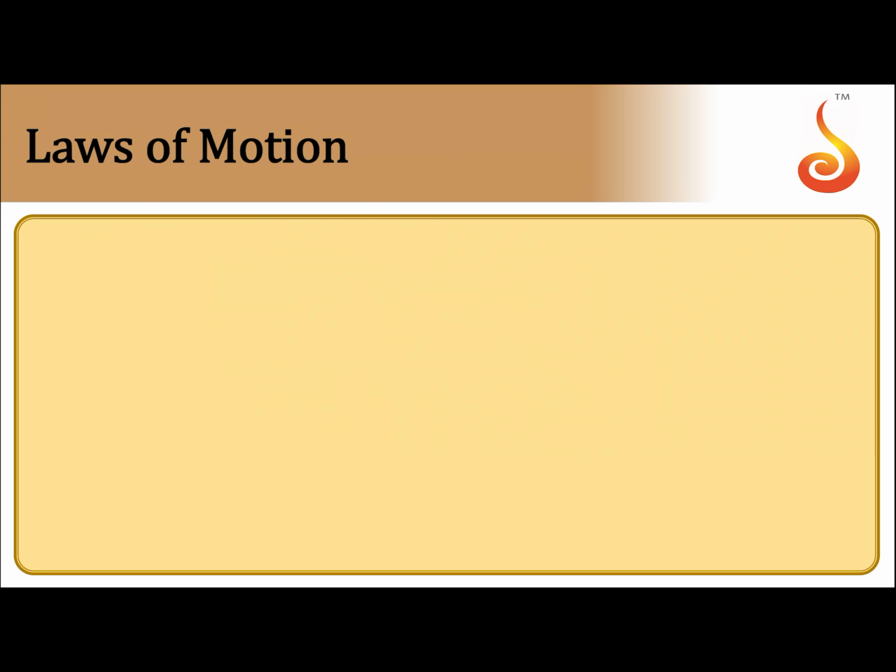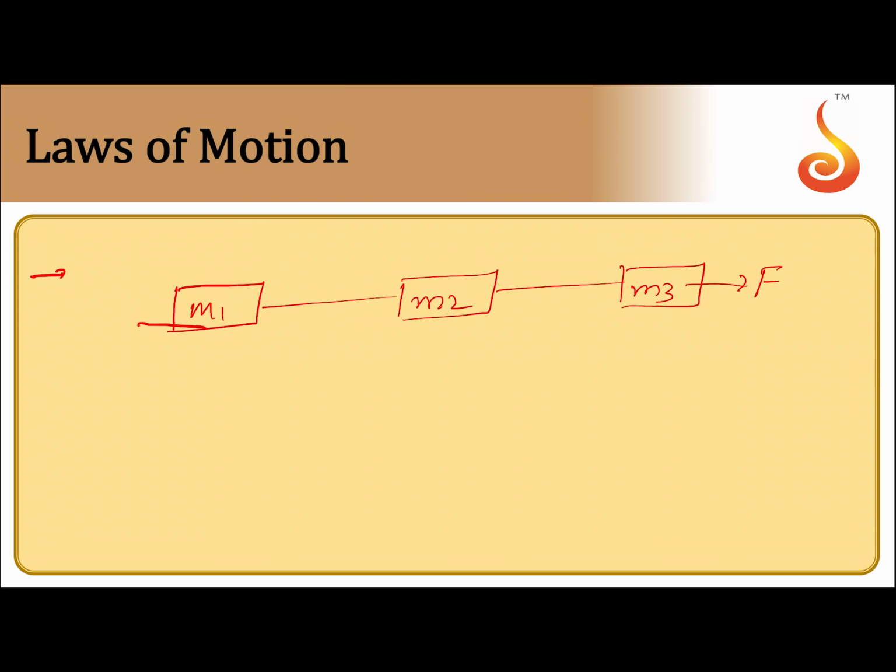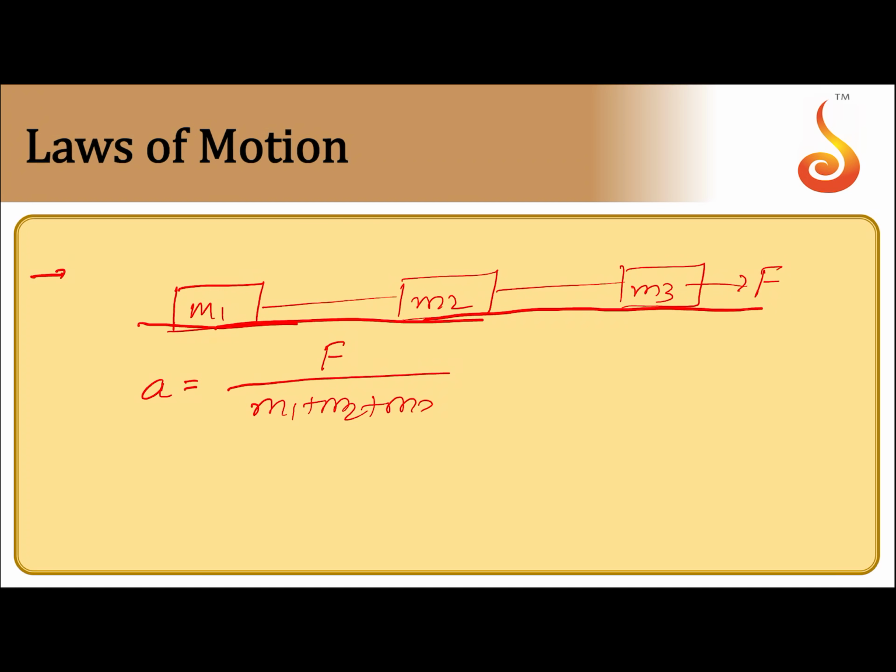One more case. This time I have m1, m2 and m3, and I am applying a pulling force F, and this entire system is kept on a smooth horizontal surface. What are the relations? Acceleration of the system is simply F divided by m1 plus m2 plus m3. Suppose the tension in this string is T1, the tension in this string is T2.